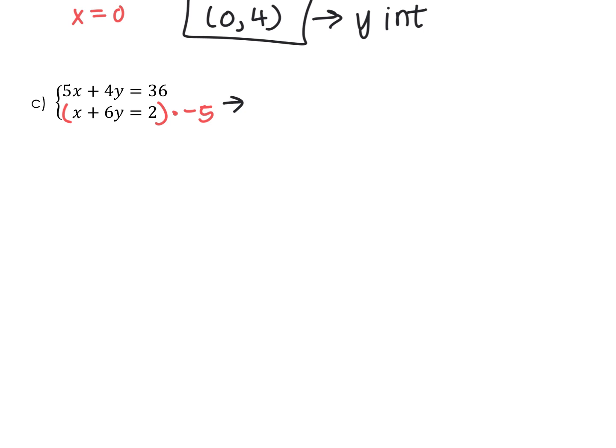Yep. So we've got 5x plus 4y equals 36. So we just rewrite the first one. And then the second one, we multiply every single thing by negative 5. So I have negative 5x minus what? 30y equals negative 10.